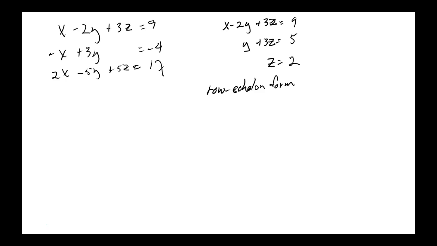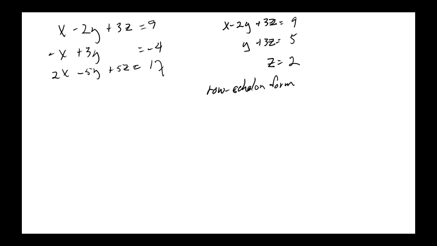They're always to the right of the equation above. That's called row echelon form. Okay? In other words, everything below the leading ones is zeros. That's another way to look at it. Okay. And then you solve them by back substitution.